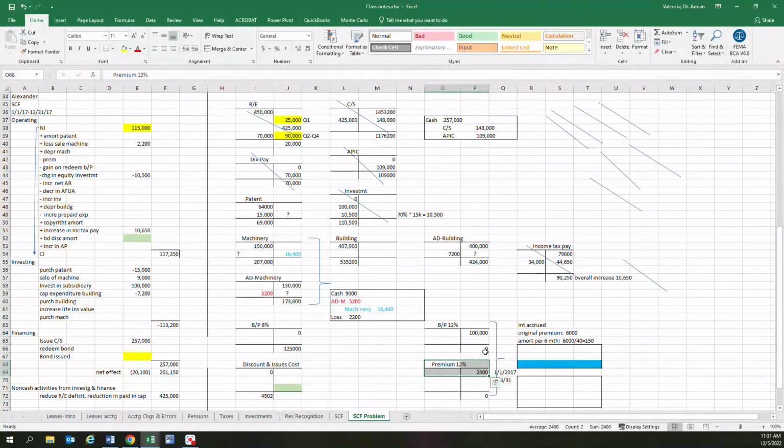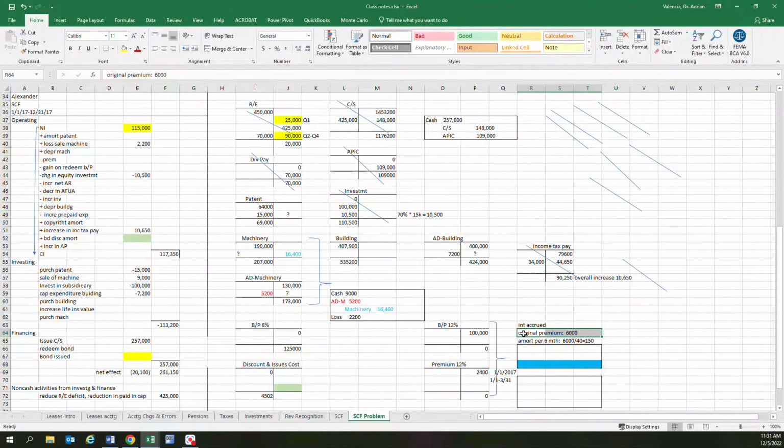All right, this bond initially sold at $106, so the original premium was $6,000. And since this was a 20-year bond, semi-annual, it was 40 semi-annual amortization periods. Meaning that if we were using straight-line amortization, it would be amortization of $150 every 6 months.